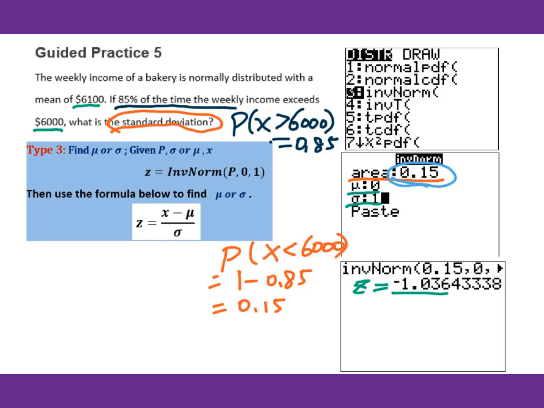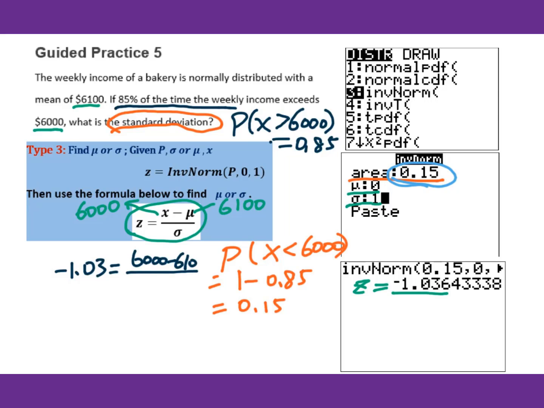Then we plug into this formula. We know the mean is 6100. This x will be 6000. And a z we already got, negative 1.03. So we plug in negative 1.03 equals 6000 minus 6100 over this standard deviation.